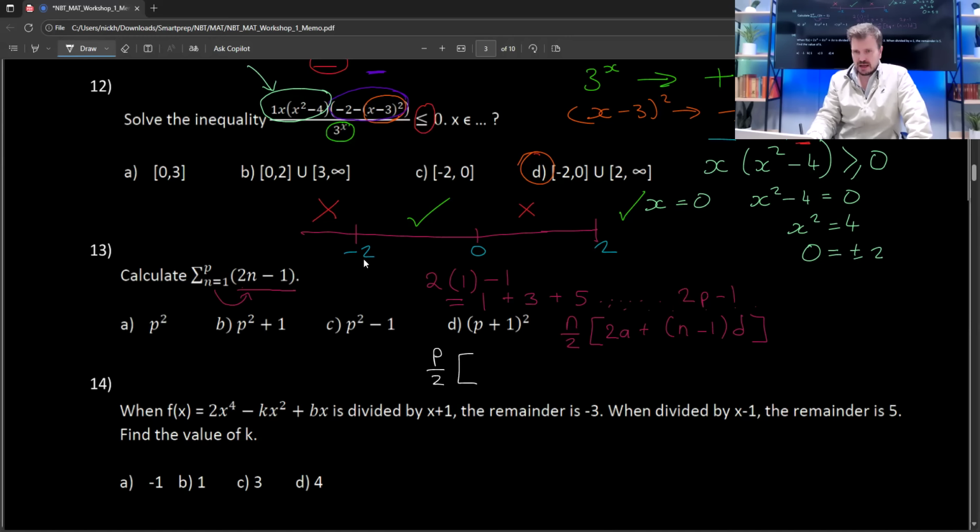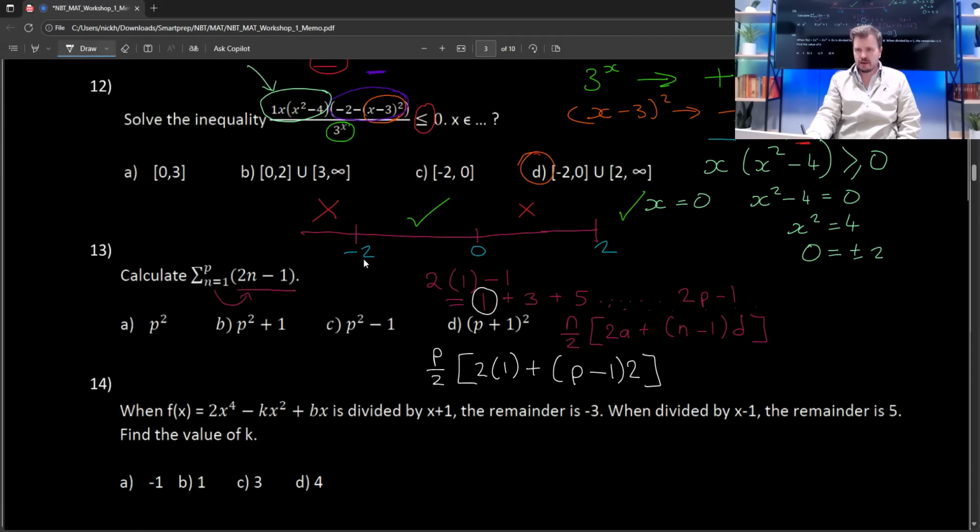Then your a, being the first letter of the alphabet, is your first term. Now your first term is 1. So it's 2 times 1 plus n minus 1, where n is going to be P now, so you replace your n with P. And then your difference is 2.